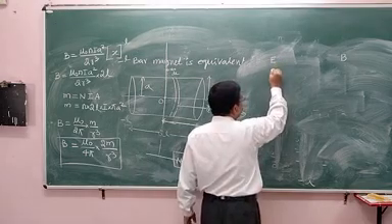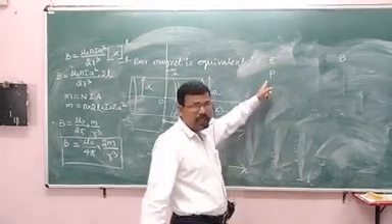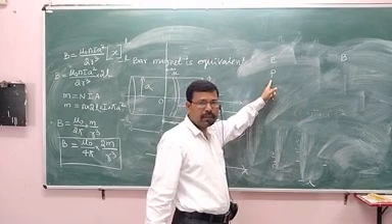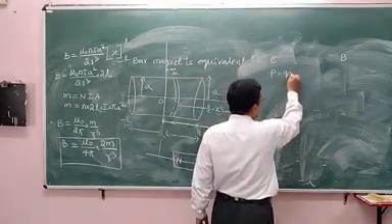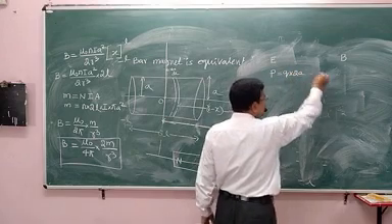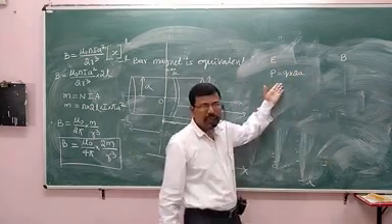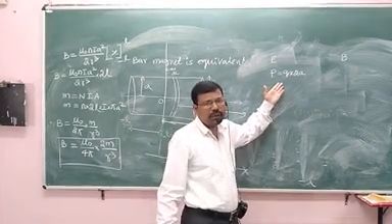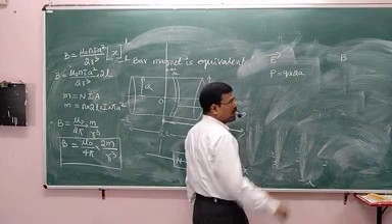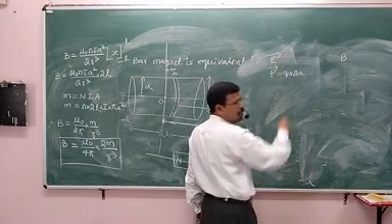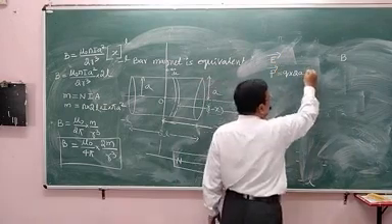Then we have the electric dipole moment. How do we write this? Electric dipole moment is charge into the separation between the charges. Electric dipole moment is a vector quantity, as electric field is a vector, and we can write it with a unit vector.